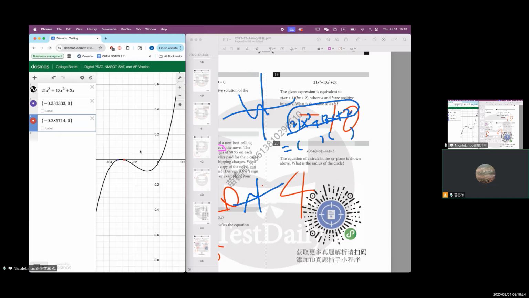The root is negative 1 over A, and negative 2 over B. See? So it should be positive. Does that make sense? When you get the root negative, AB is just positive. Wait, but okay.